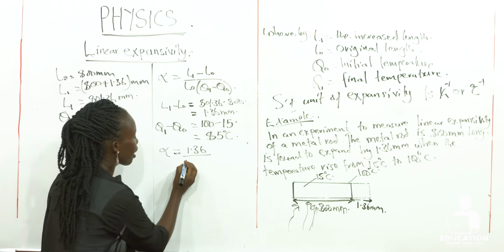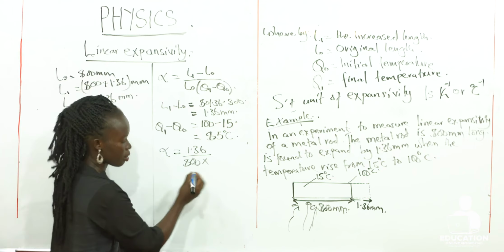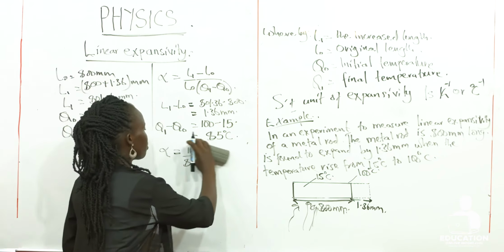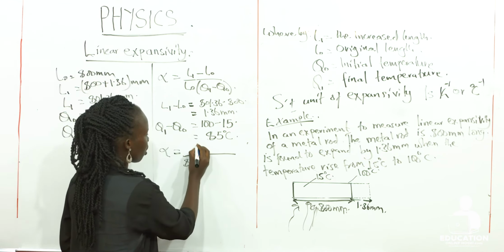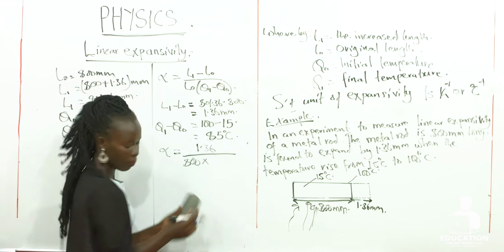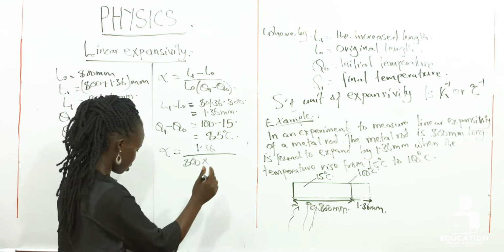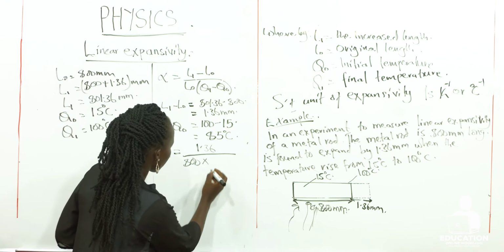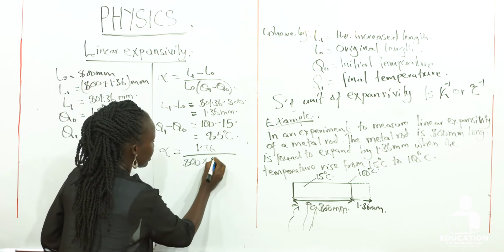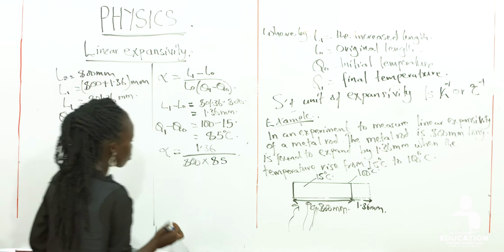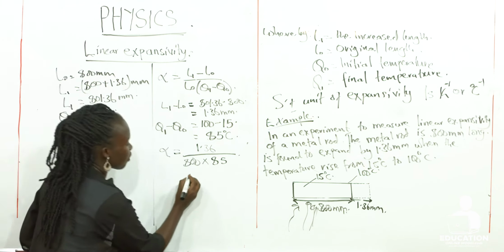So we shall have 800 times the difference in the temperature, which is 85. So our linear expansivity, now if you get 800 times 85, what shall we have?